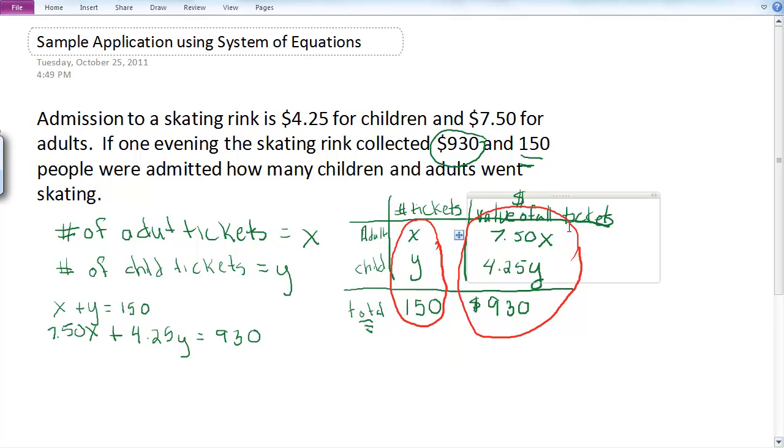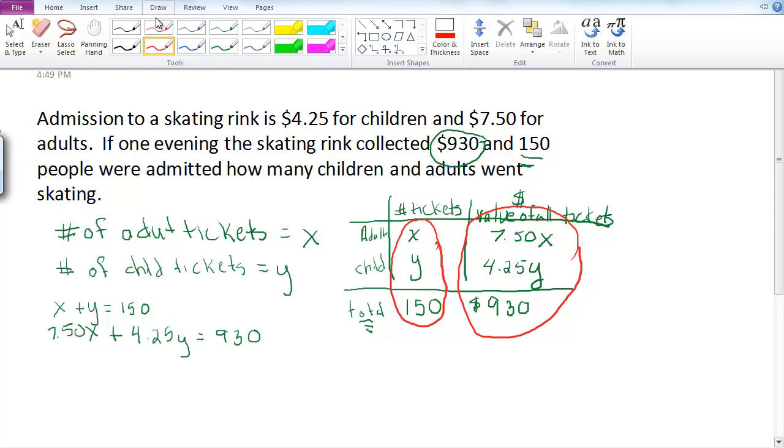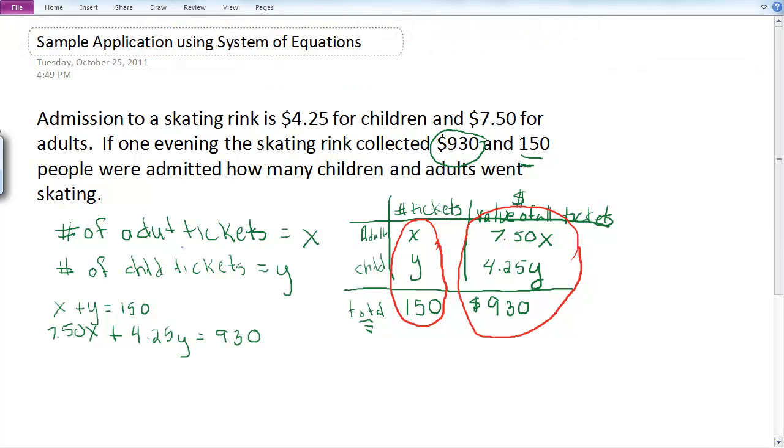That's the toughest part. Once you get the two equations set up, it's a matter of deciding how you're going to solve this. Now, there's a couple things to do. You can leave it as is and use the elimination method, where you would decide, okay, I'm going to take the x plus y, and let's say I'm going to multiply the x by negative 750.